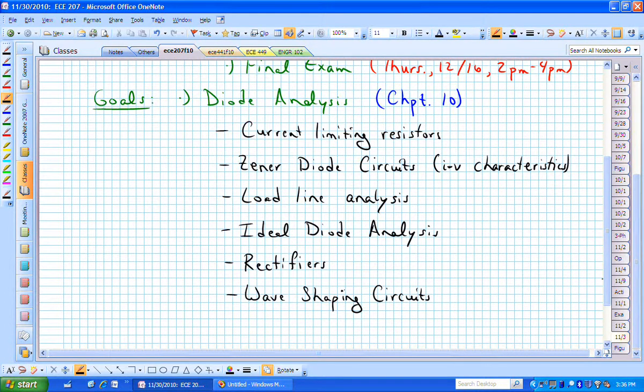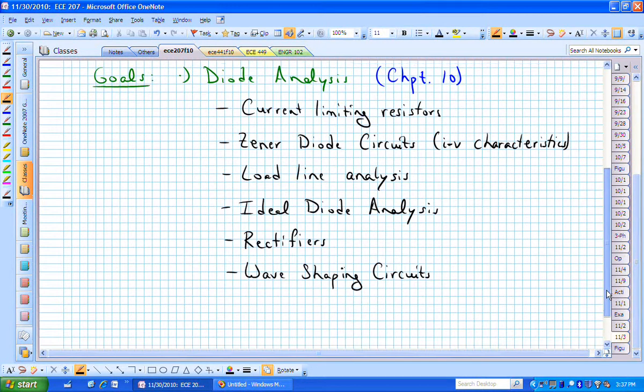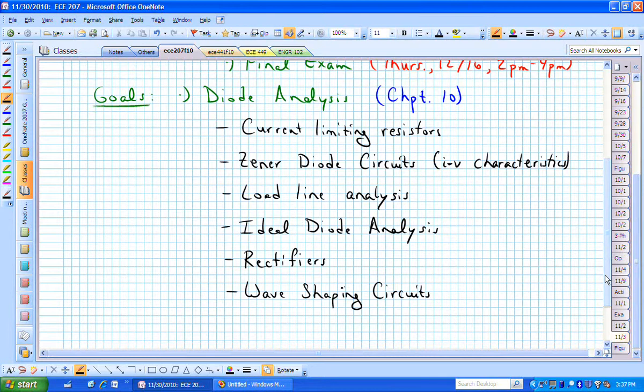We'll do a few more examples with ideal diode analysis, and that simply means we start making some of these assumptions. Are these diodes on? Is this one off? Etc. And trying to work forward from that. Then you can use these diodes in various ways. One way to use them is to create rectifiers, which is a way to convert AC or alternating current voltage waveforms into a more direct current or DC type waveform.